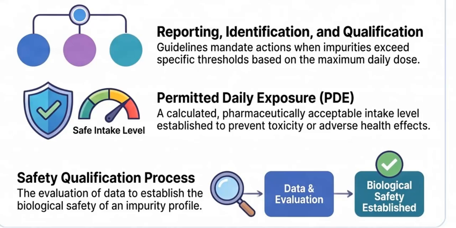Analytical data, literature, toxicological studies, or new studies commissioned specifically for this impurity. 2. Biological safety established. Based on the data, a conclusion is reached. Is the biological safety of this impurity established at the observed level? If yes, the impurity profile is accepted. If no, the manufacturing process must be modified to reduce the impurity below the threshold.